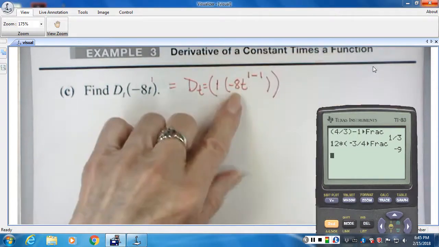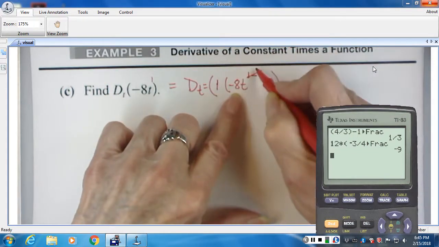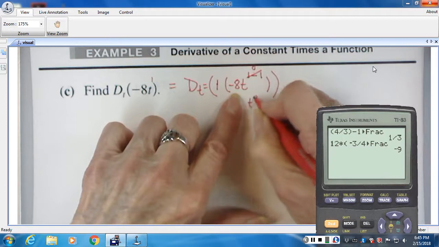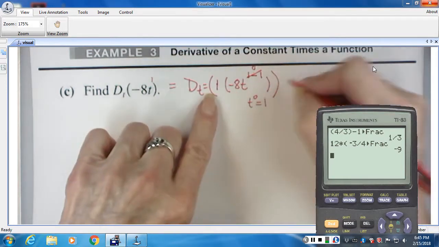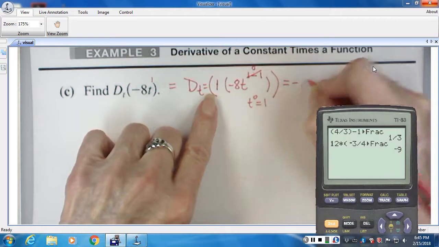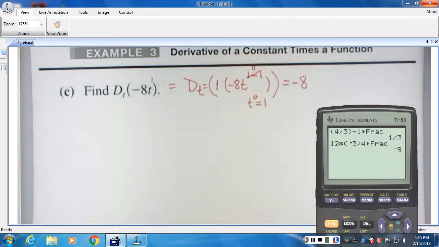And when you simplify that, 1 minus 1 is 0, and t to the 0 is equal to 1, so it kind of disappears, and 1 times negative 8 is simply negative 8. Sometimes the notation looks worse than what the problem actually is.